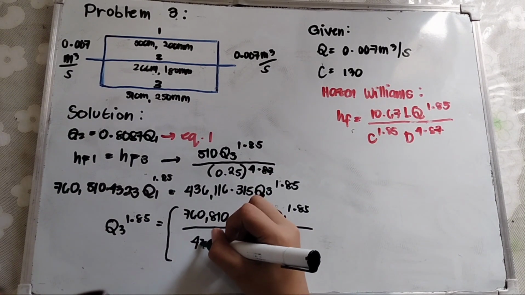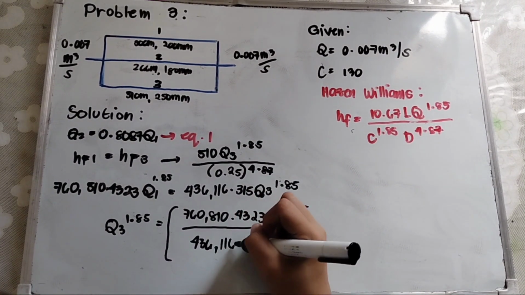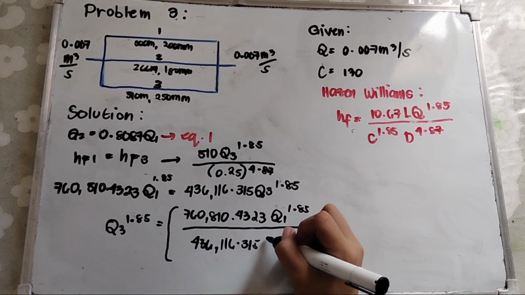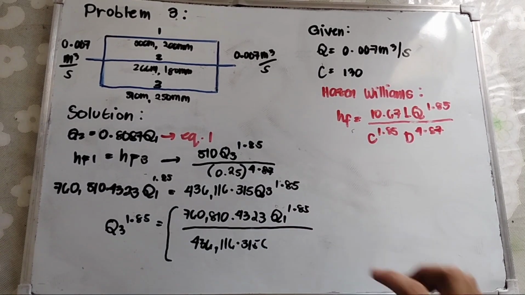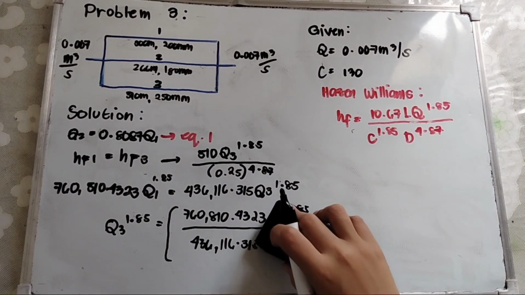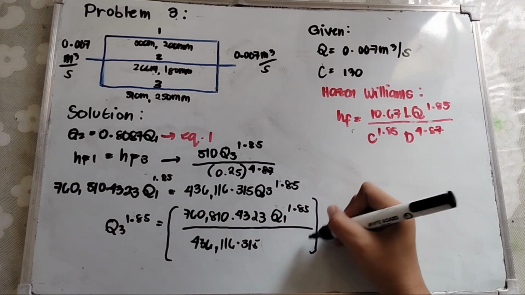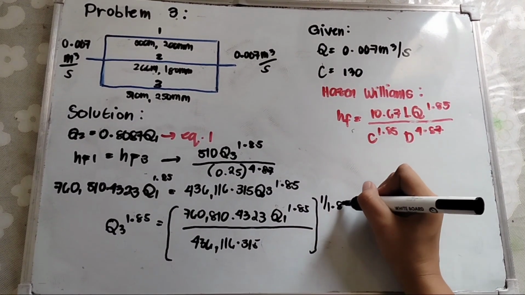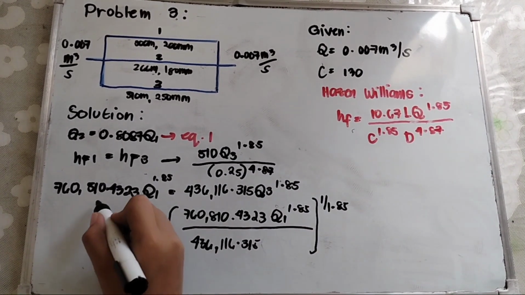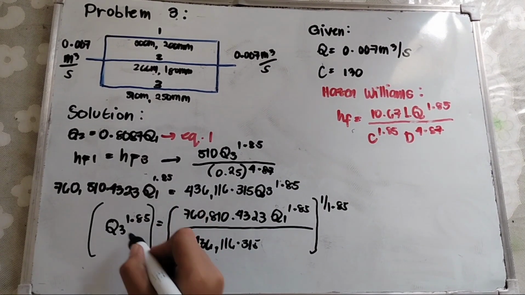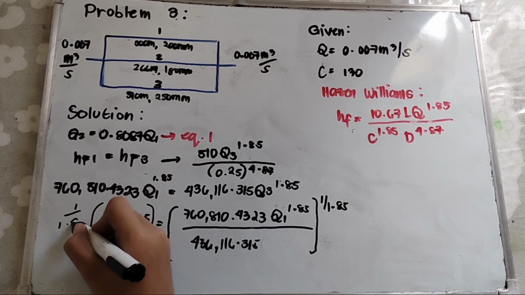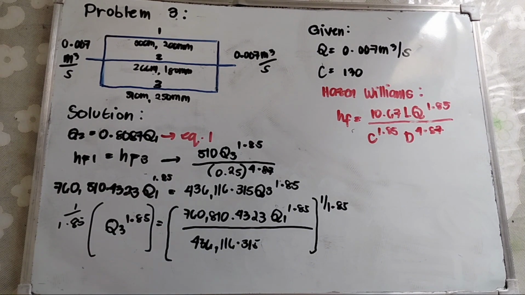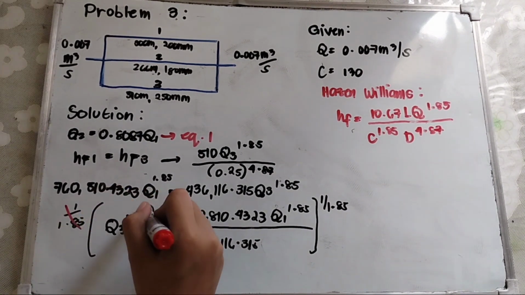Again, multiply both sides by 1 over 1.85 to cancel out 1.85. So we'll arrive with an equation of Q sub 3 is equal to 760,510.4323 over 436,116.315 raised to 1 over 1.85 multiplied by Q sub 1.